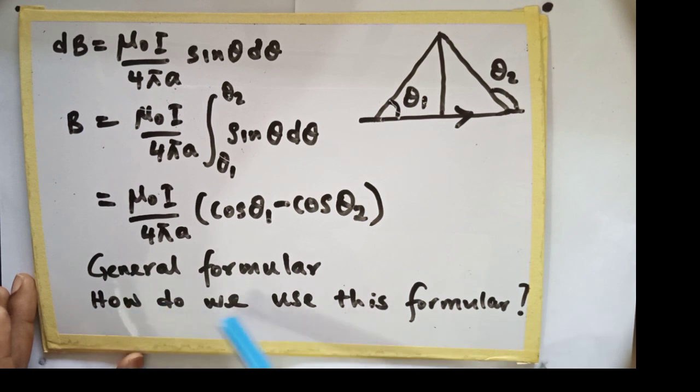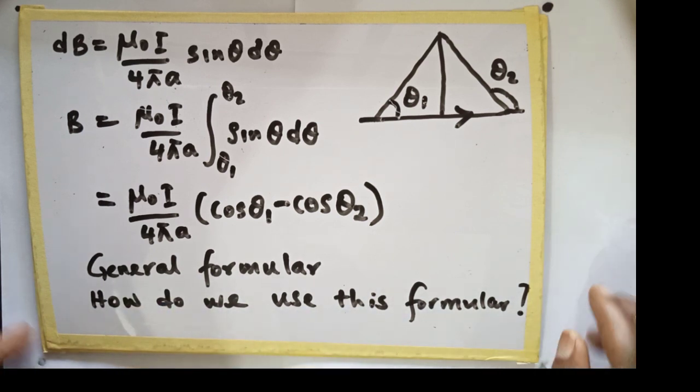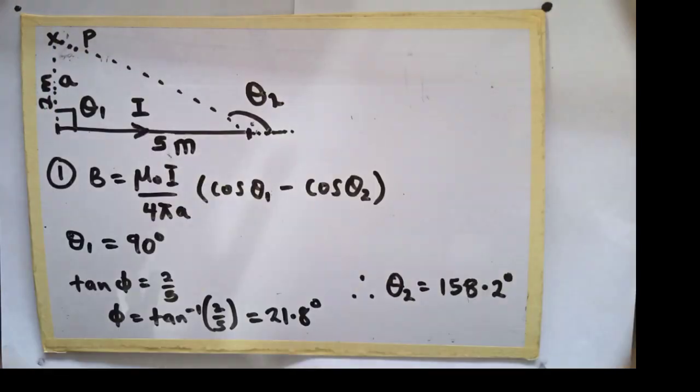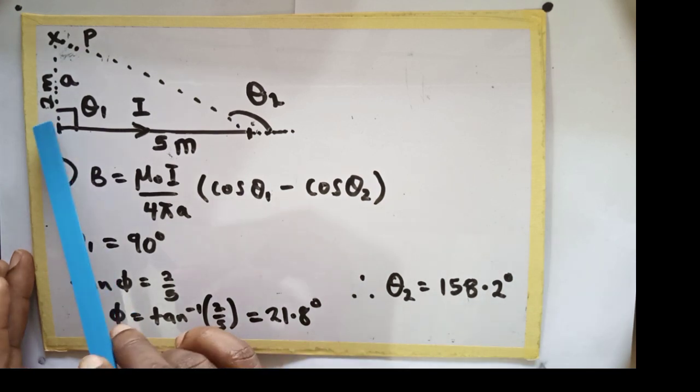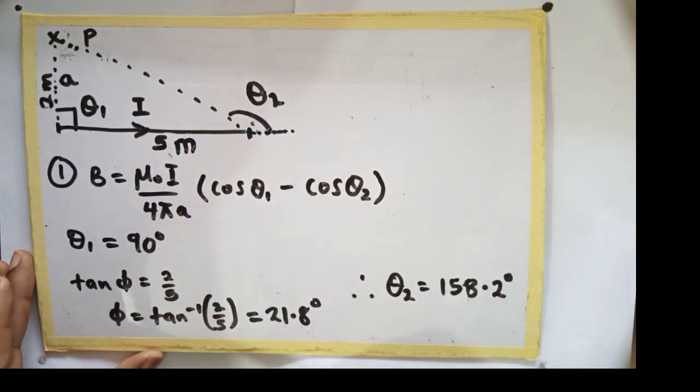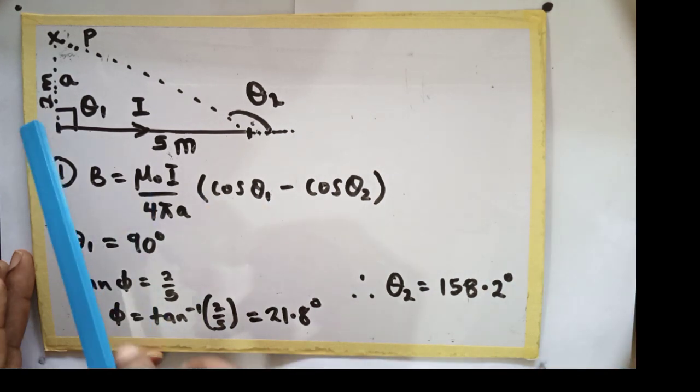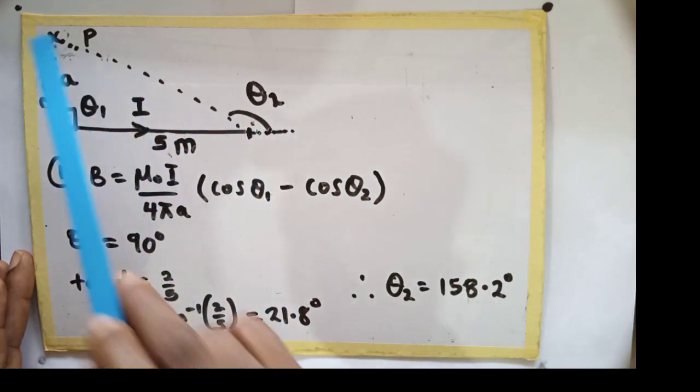Let's see how we use this formula. Now let's consider a problem of this form. We have a conductor of length 5 meters, and we are interested in calculating the magnetic field at this point x. The first thing you must do is join the two edges to that point.